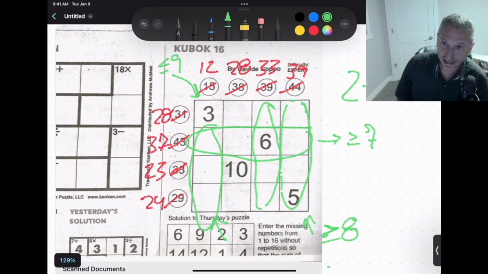Right off the bat, I have some interesting information. This cell intersects with two minimum constraints, the minimum is 7 and the minimum is 8. So this cell's minimum is 8, but that isn't interesting. This other cell is interesting, because I have a low constraint and a high constraint.